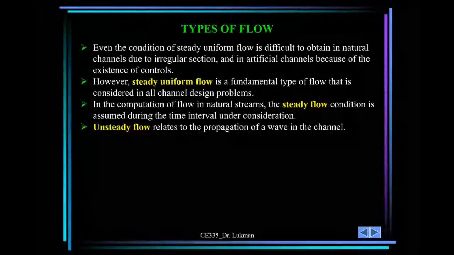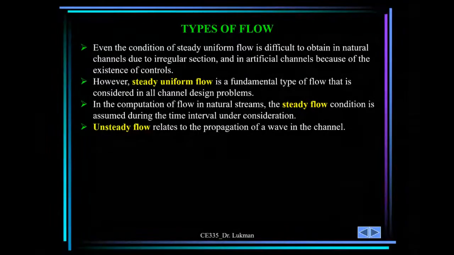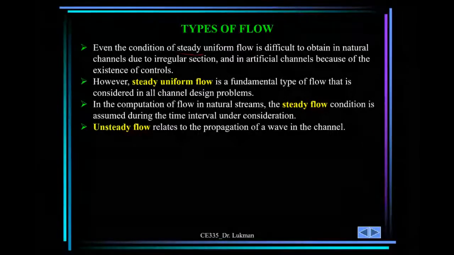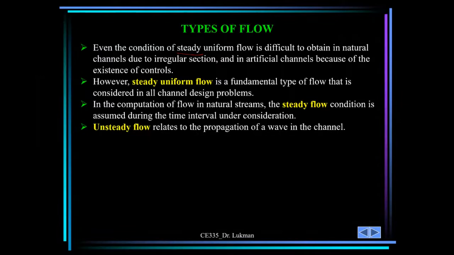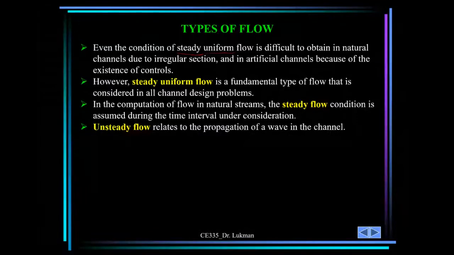Even the condition of steady uniform flow is difficult to obtain in natural channels due to irregular sections. Steady can be obtained because the depth may not be changing, but uniform means the depth has to be the same throughout the channel section, and that is difficult in natural channels due to irregular sections, which affect the depth of flow.